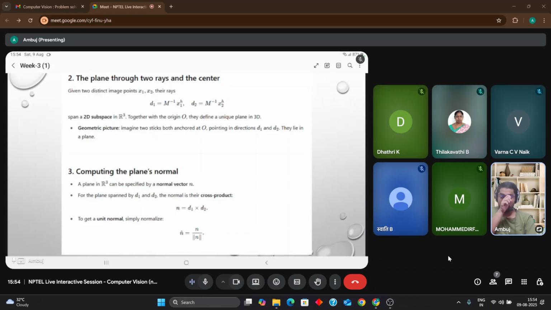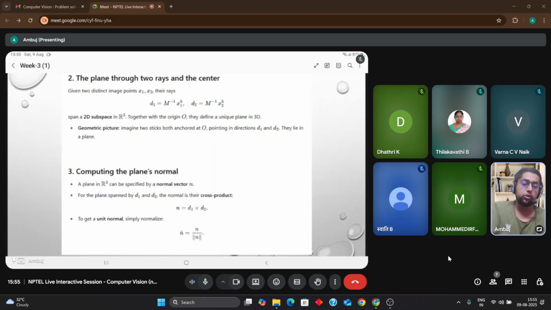Then you try to span a 2D subspace in R3. Imagine two sticks both anchored at the origin O in the directions d1 and d2, and they will form the plane O, x1, x2.